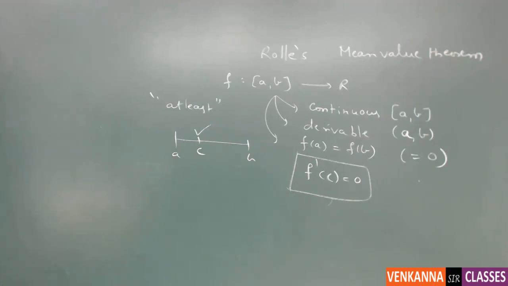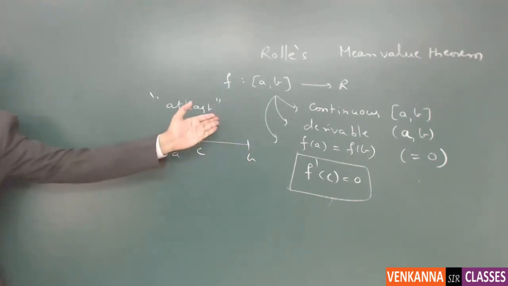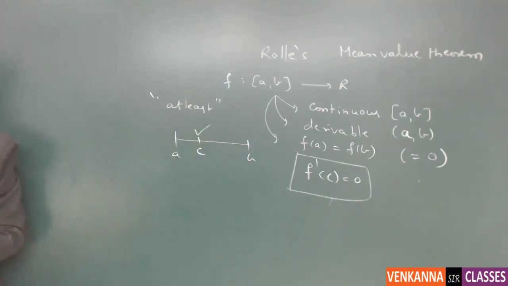Now, one interesting thing is, what is the geometrical perspective of this Rolle's mean value theorem? For a graph, if you have taken a continuous graph, what is the geometrical significance of this Rolle's theorem? Anyone has any idea? Please tell.